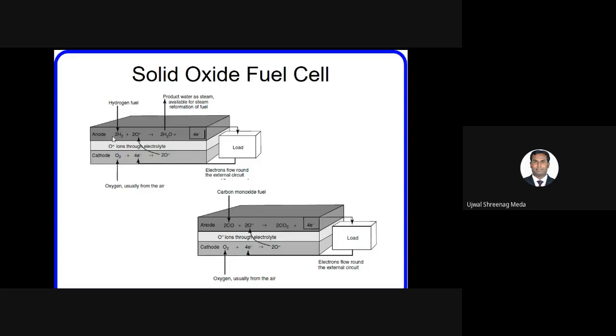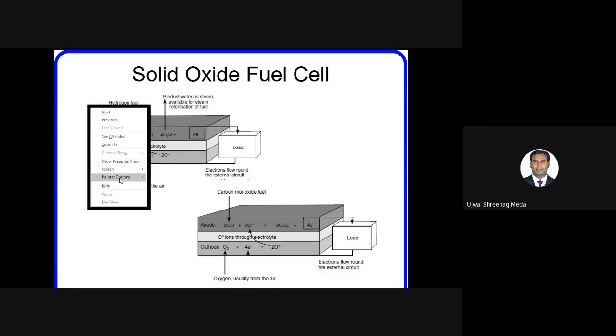At the cathode, the oxidant oxygen gets reduced by accepting the electrons, regenerating O2 minus ions. These O2 minus ions generated at the cathode are conducted through the electrolyte, and finally reach the anode where they are consumed. So this is the case when the fuel is hydrogen.